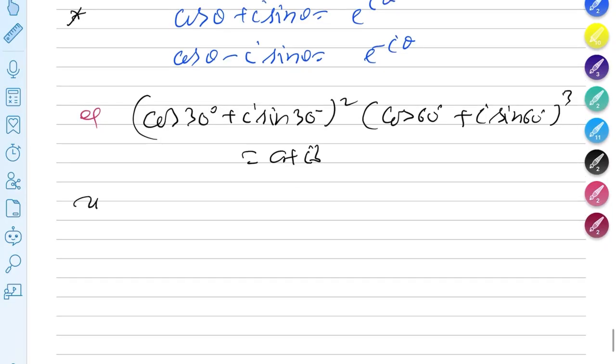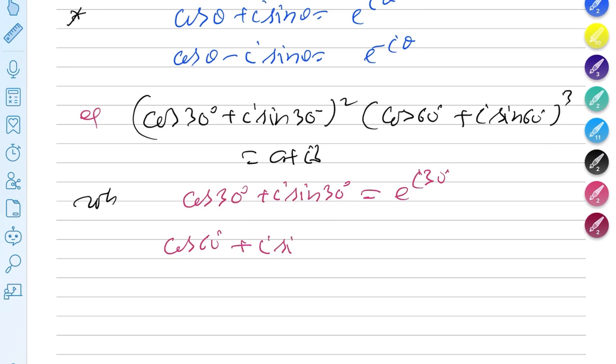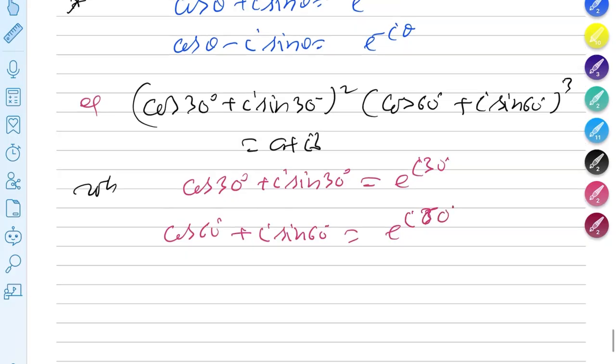So we know that cos 30 degrees plus i sin 30 degrees is nothing but e to the power i 30 degrees, and cos 60 degrees plus i sin 60 degrees is nothing but e to the power i 60 degrees.